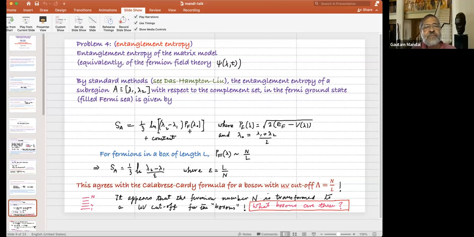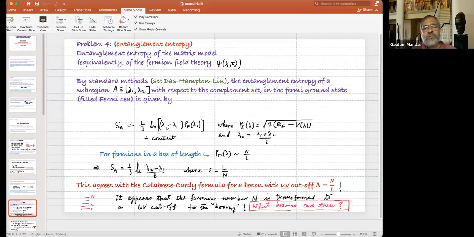But here it seems that the fermion entanglement entropy suggests that it is a bosonic theory in which there is an upper momentum cutoff given by n upon L, or a lattice cutoff which is L upon n. So it appears that the fermion number n is transformed to a UV cutoff for the bosons. This is completely new.